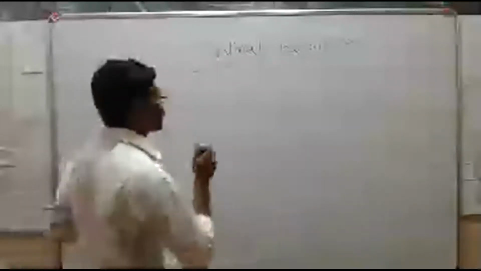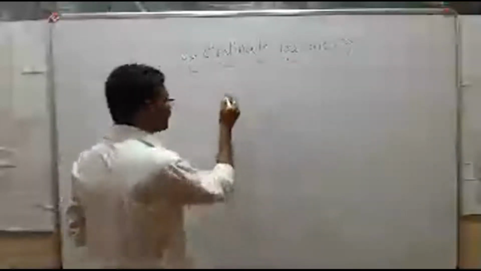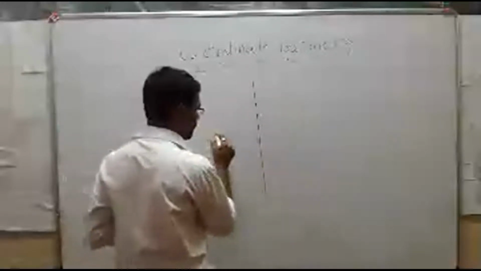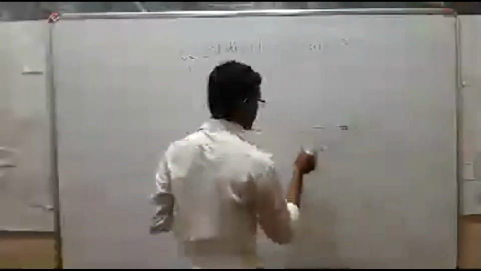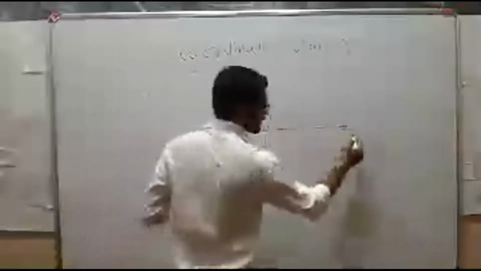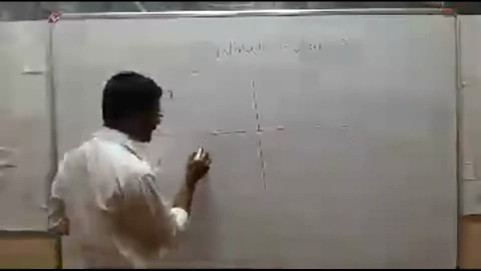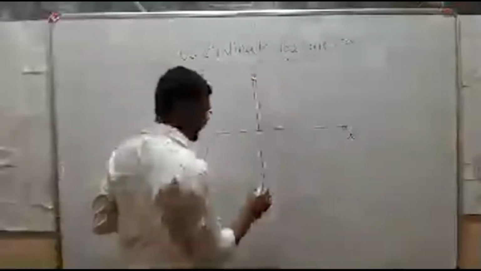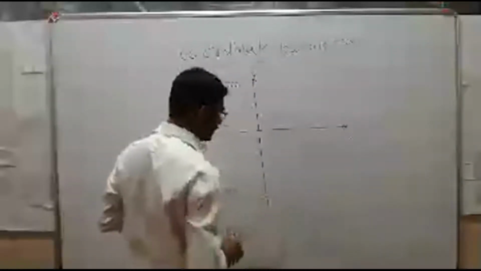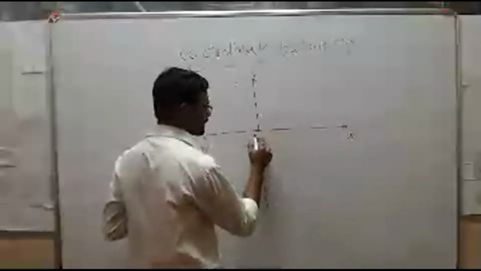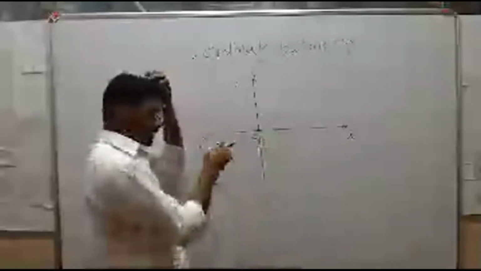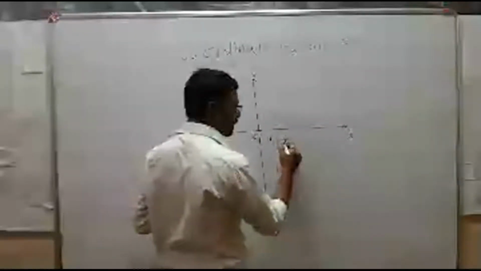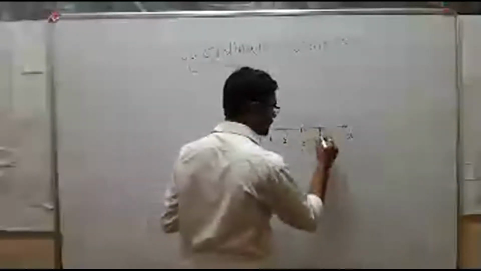Okay, students, now we have studied the Cartesian plane. Now it is considered as x, x dash, y, y dash. The center point, the intersecting point of both lines, is 0. Here the x axis is positive 1, 2, 3, 4.